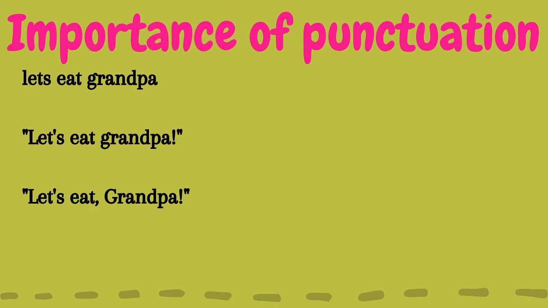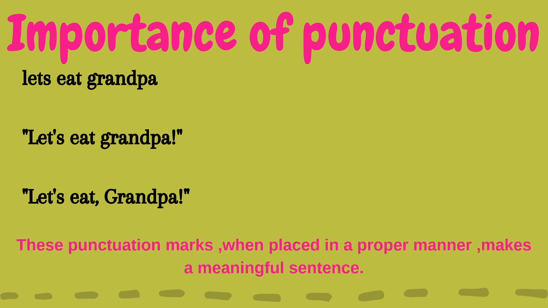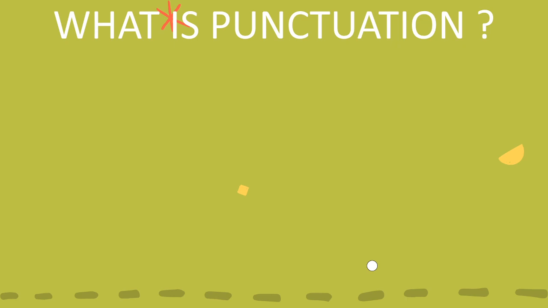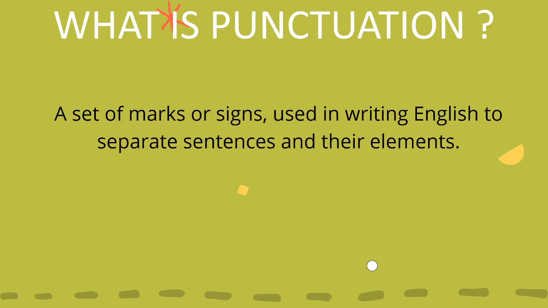Punctuation marks, in other words, are like road signs for readers. These punctuation marks, when placed in a proper manner, make a meaningful sentence. Let's know what punctuation is: a set of marks or signs used in writing English to separate sentences and their elements.